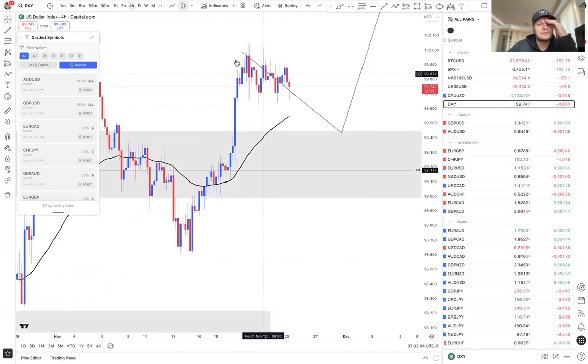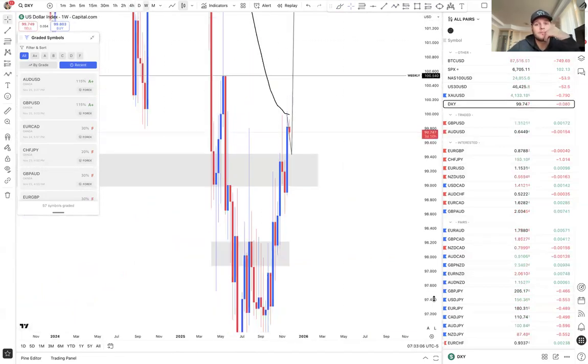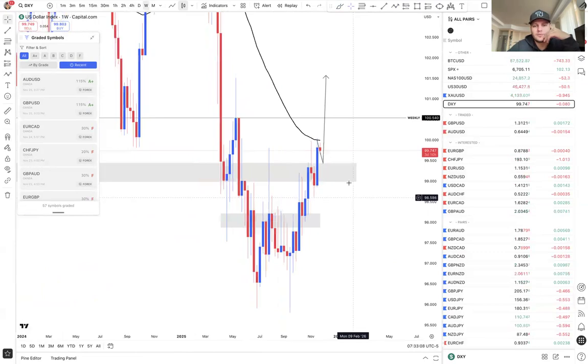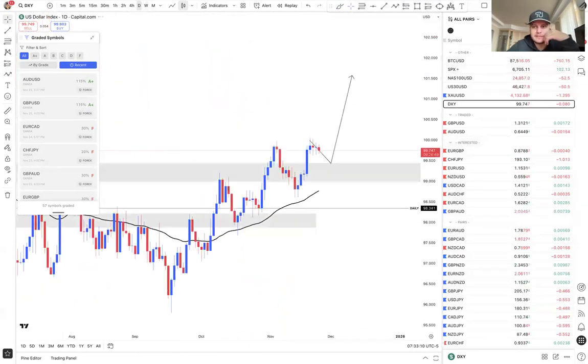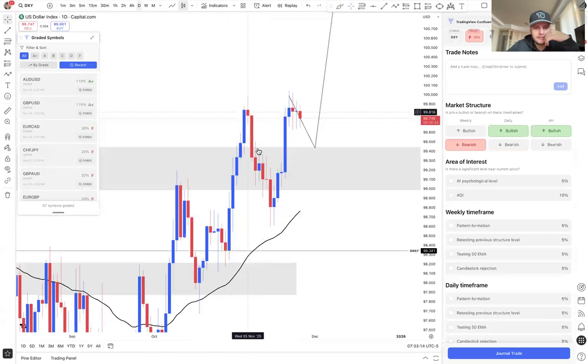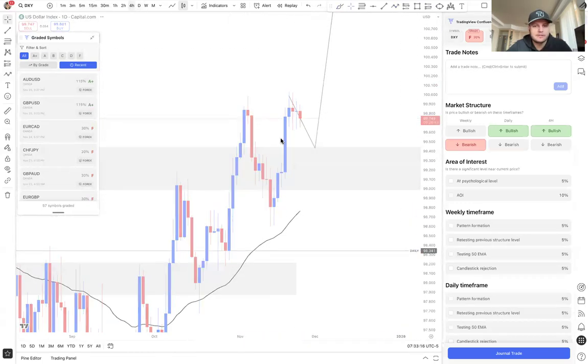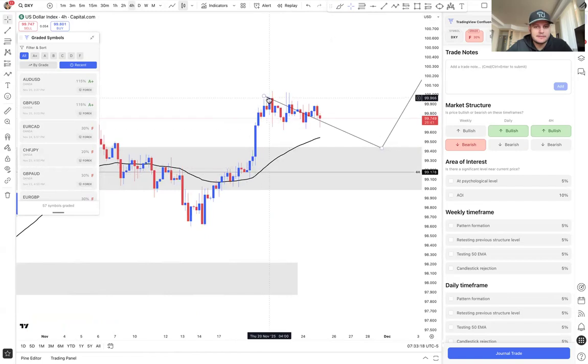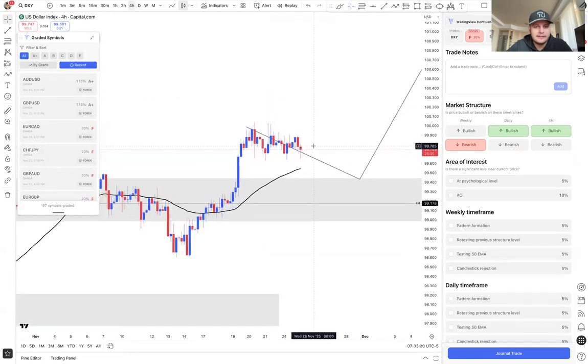Dollar index still retesting this weekly EMA, daily time frame is still bullish. 4-hour time frame is still bullish as well.